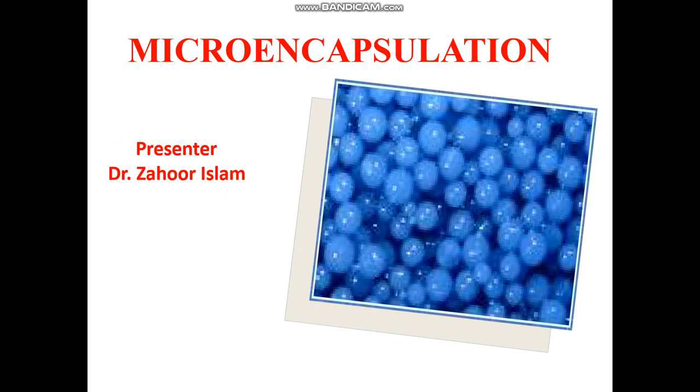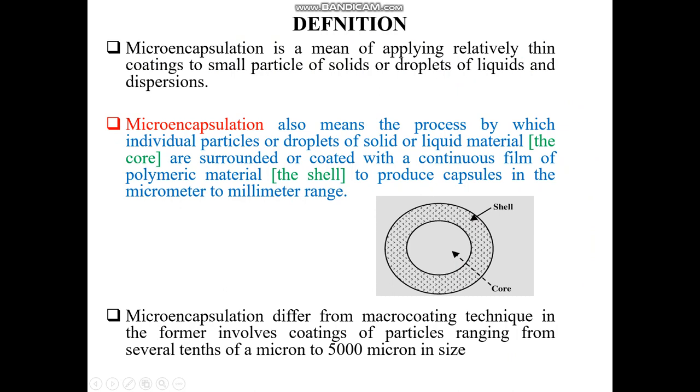Today the topic which I'm going to discuss is microencapsulation. In pharmaceutical technology, microencapsulation can be defined as the process by which individual particles or droplets of solid or liquid material, which is the core, are surrounded by a shell. Look, see here, this is the core, and that core is coated with a continuous film of polymeric material.